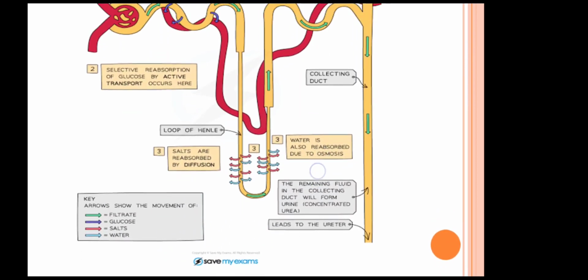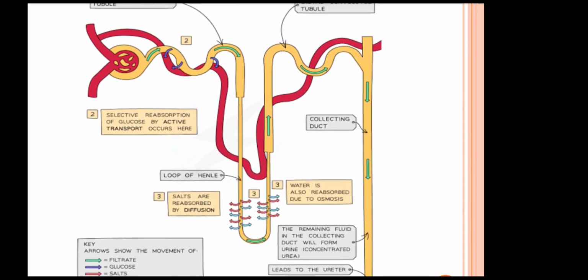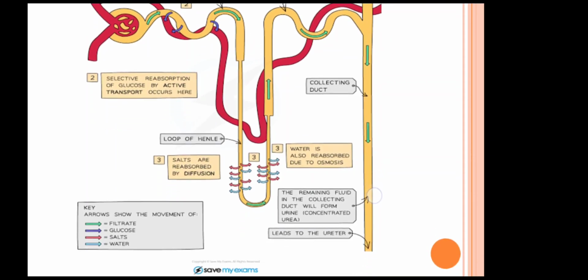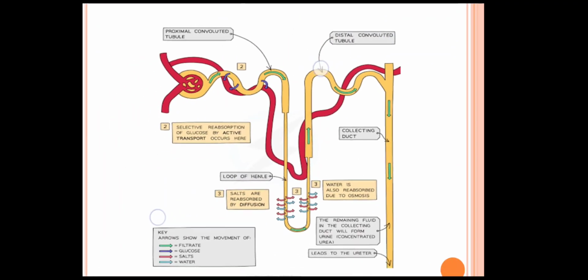As a result, water is also reabsorbed due to osmosis, and the remaining fluid in the collecting duct will form urine, consisting of concentrated urea, meaning less amount of water, and this finally leads to the ureter.